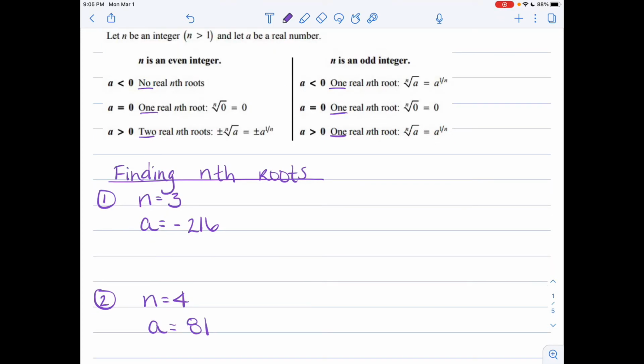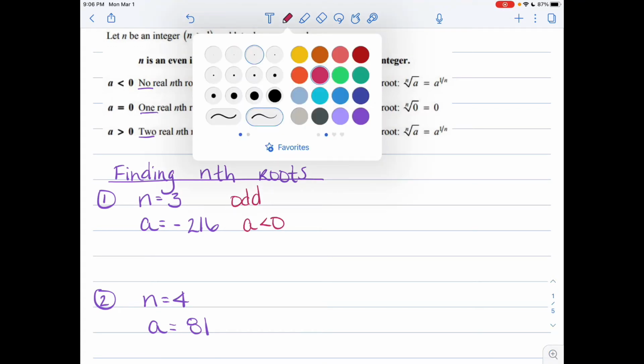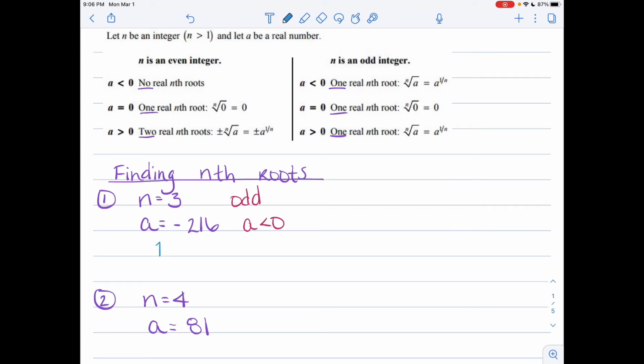So for our first example, n is equal to 3 and a is equal to -216. So we want to note that our n is odd, and since we have an odd n number, remember that we are always going to just have one real root no matter what. So even though a is less than 0, as long as we're odd, we know we're going to have one real root. And in this case, it's going to be one real third root because n is 3.